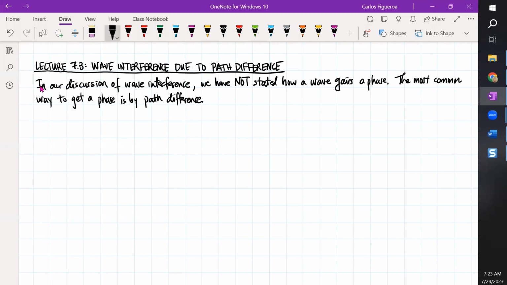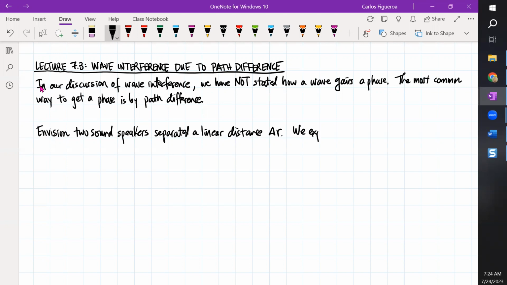So here's what we want to do. We want to envision two sound speakers separated by a linear distance delta R. We expect these waves to superimpose at some point up ahead.